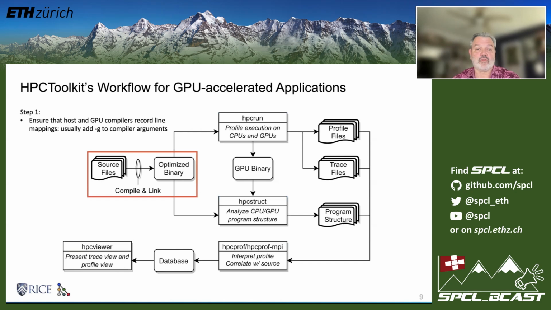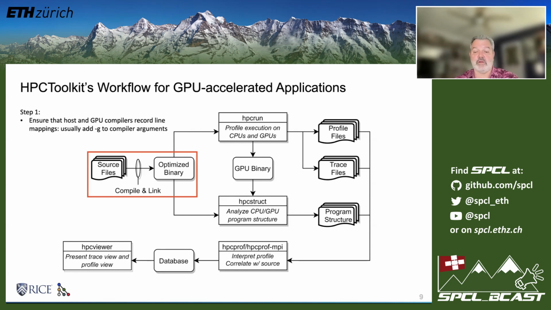So first, when you're using HPCToolkit, you compile and link your source files into an optimized binary the way that you normally do. One thing that's important is if you want mappings back to anything in more detail than just procedures, you have to add a -g or -lineinfo or something like that to the compiler arguments.